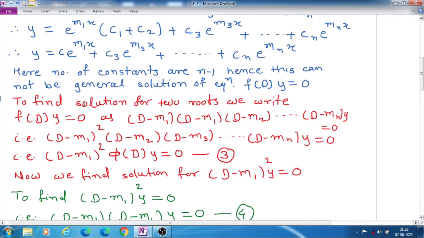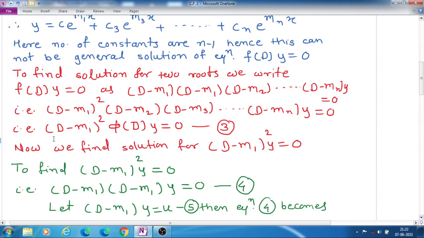Our equation is of nth order, therefore its solution must contain n arbitrary constants, and this solution contains n minus 1 constants, therefore it cannot be the general solution of our equation f(D)y equal to 0. So we have to find the solution when the root m1 is repeated.